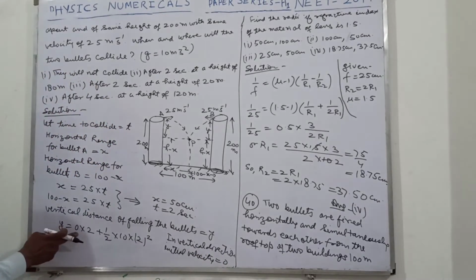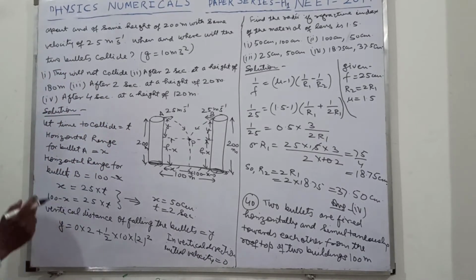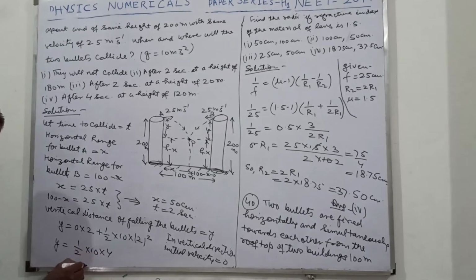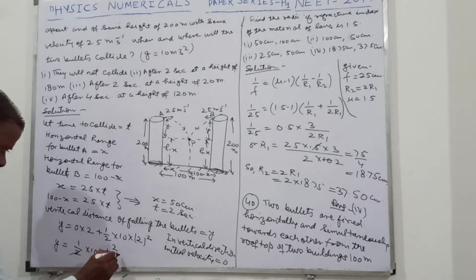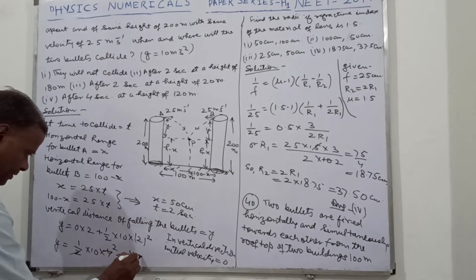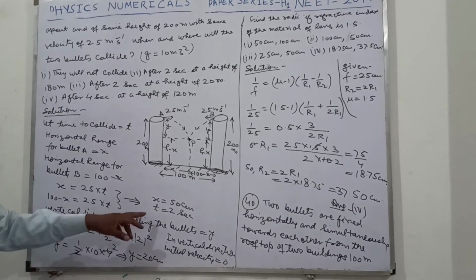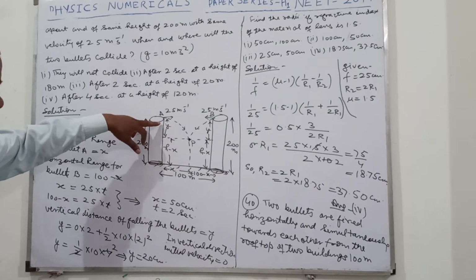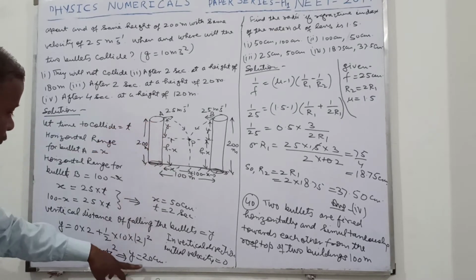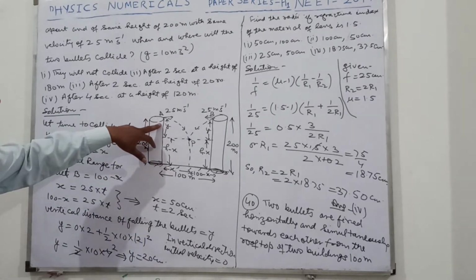This is why we have taken it to be 0 here. So y is equal to 1 by 2 into 10 into 4, into 2, so y is equal to 20 meter. It means that in 2 seconds they will fall a distance of 20 meter from the top roof of each of the building.